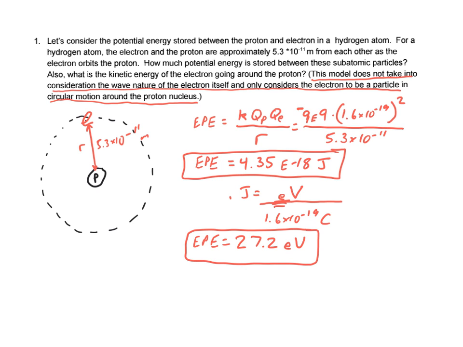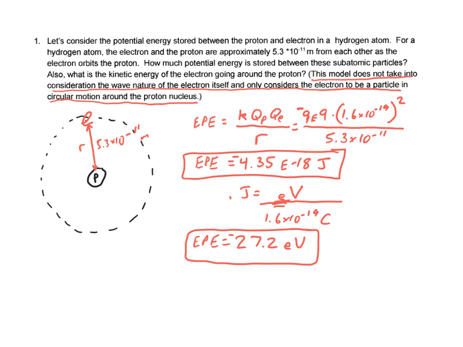And I forgot my negative earlier. Boom. Okay, there we go. That is the two different ways that you can determine the energy stored between the electron and proton in a standard hydrogen atom.